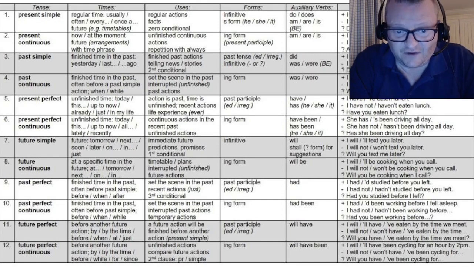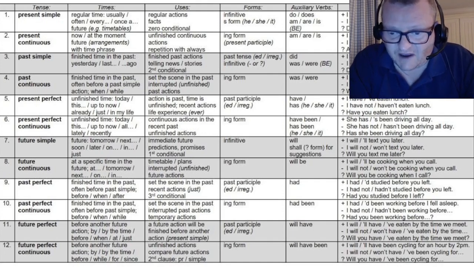A future action will be finished before another action in present simple, usually. We've got will have plus past participle. I will have eaten lunch by the time we meet. Present simple again.